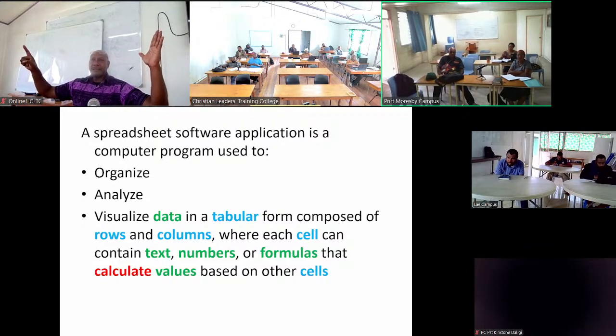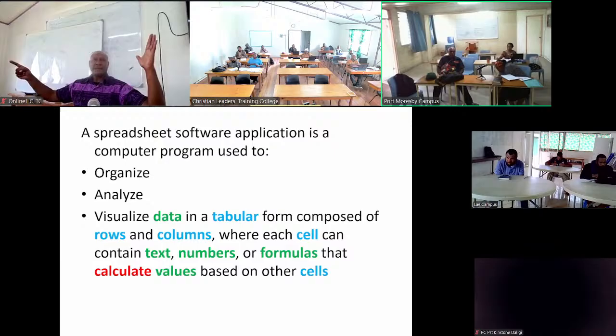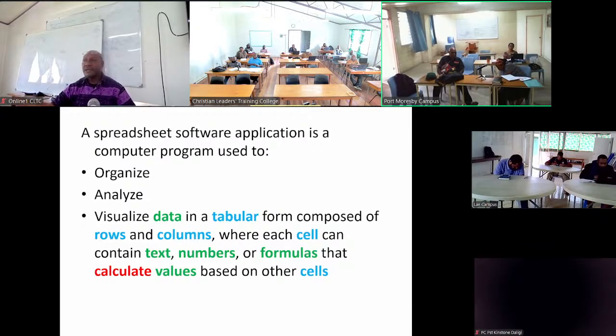Then you put minus NASFUND deductions, and you get his net pay. All right? So when you place all those values, they are found in the cells.